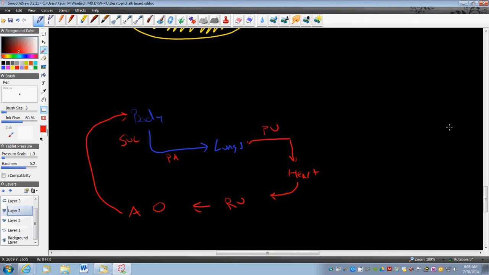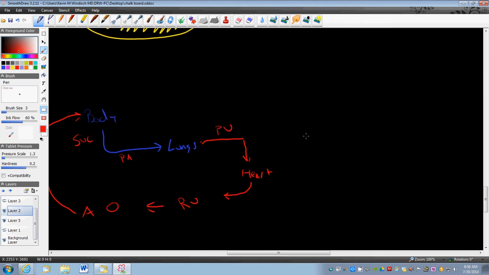Instead of the more traditional loop that you're used to seeing, which is blood comes from the body to the right atrium, right ventricle, and from the right ventricle to the lungs, making multiple loops this time.